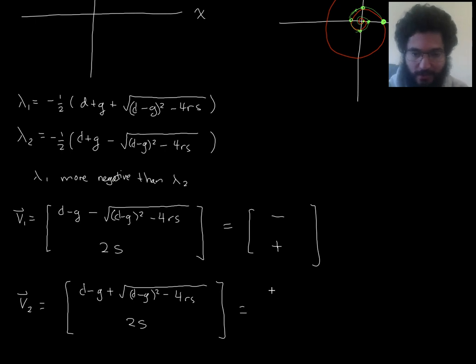Okay, so this is just kind of a crude notation to point out which direction to draw my vectors in. And then here, 2s is positive, and then this is negative, and I'm adding something to it, so I could end up with something negative or positive depending on how much I add to it. But what I'm adding to it is smaller in magnitude, I think, than it, so it remains negative.